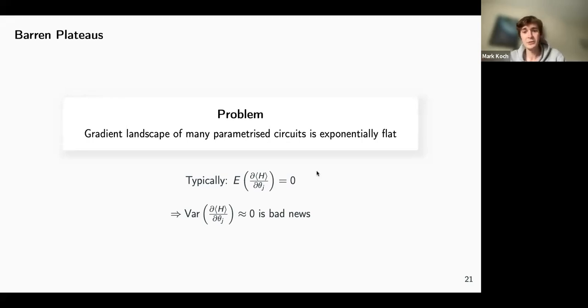But if the variance of these gradients is also close to 0, this means they're not only expected to be 0, but actually clustered close around 0, which means they tend to be very small, so things are very flat. So if we find out that for a circuit this number is small, this is bad news and it might be hard to train. So you might need to investigate some avenues to mitigate this.